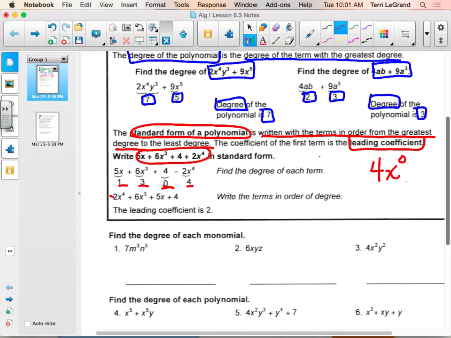And then the next one is our 3rd degree one, the next one is our 1st degree, and notice what's last. The number term, or the constant term, if there is one, should always be last. So now we can say this is in standard form.